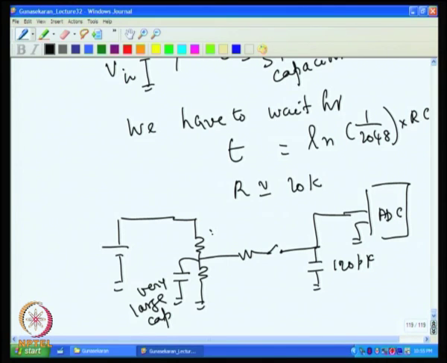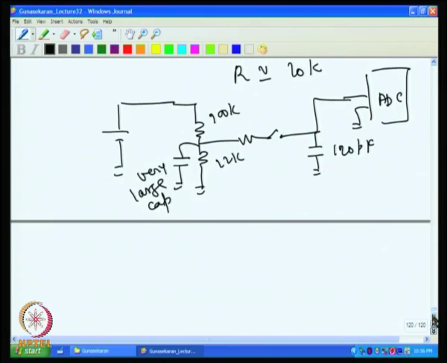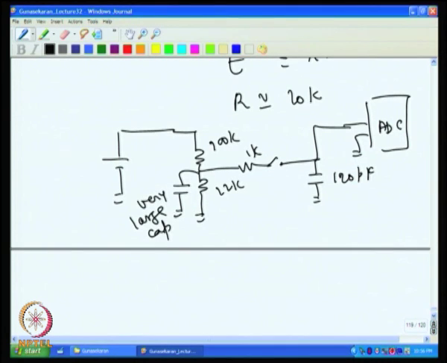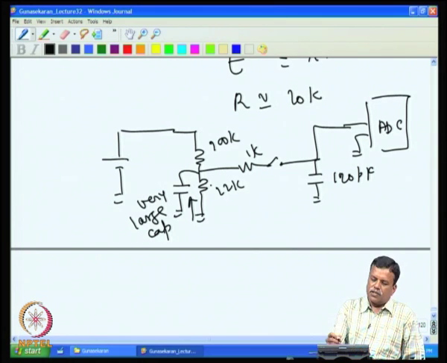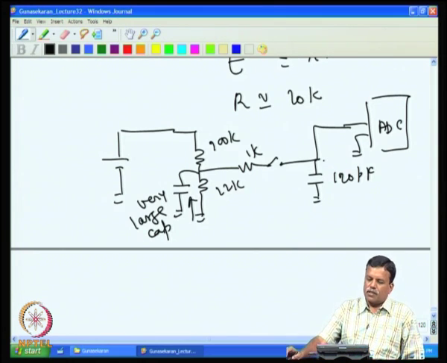Say here we have 100K and 22K, and this is about 1K.